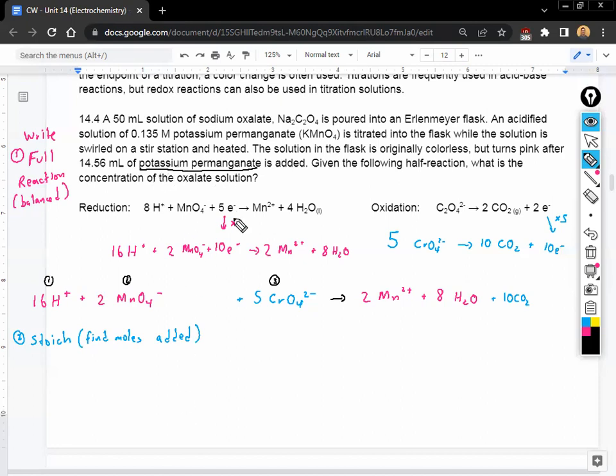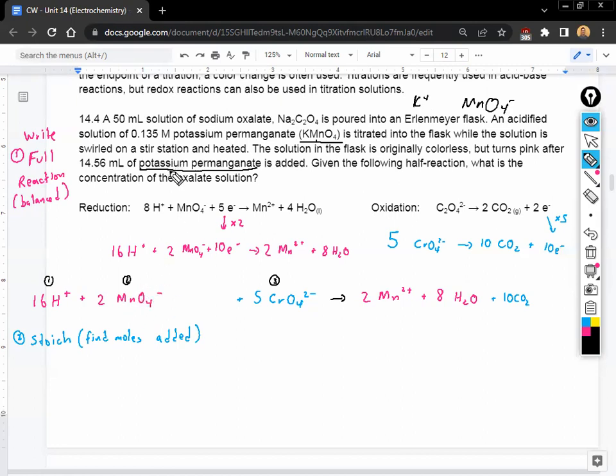If potassium permanganate was added. Potassium permanganate is KMnO4. Yeah, so 2 was the one that's added. Do you guys see that? KMnO4 in solution breaks down into K and MnO4 minus, which means that we're adding MnO4. Does that make sense?